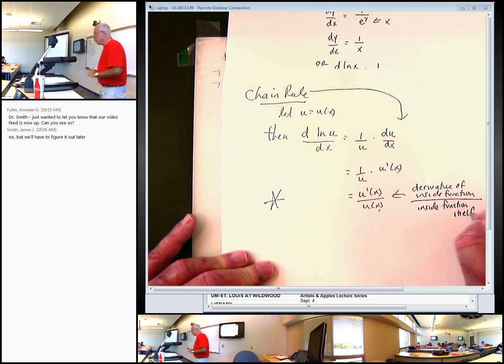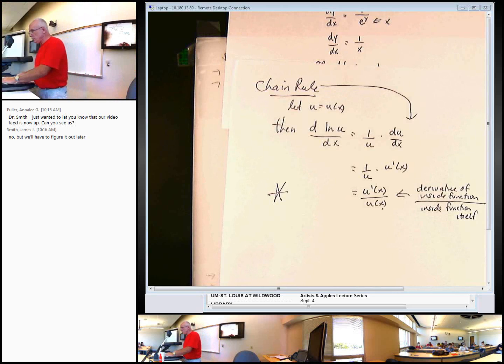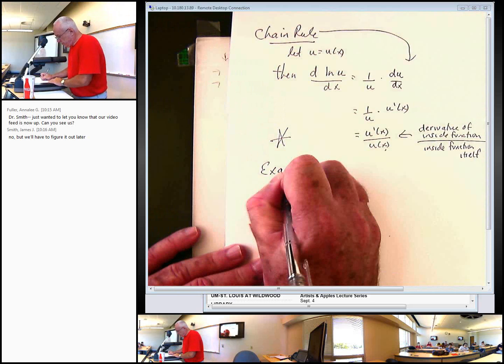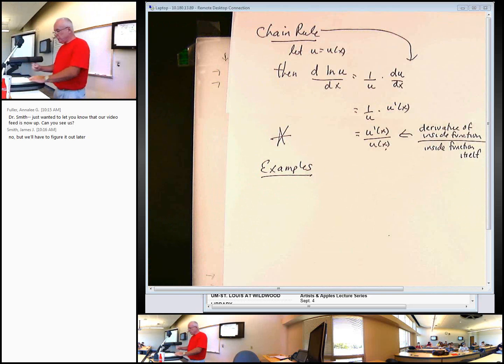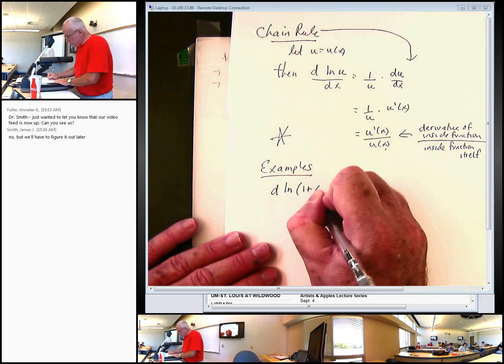All right. So let's do some examples so this becomes more concrete to us. Examples. Let's look at, say, the derivative of the natural log of 1 plus x to the third power.